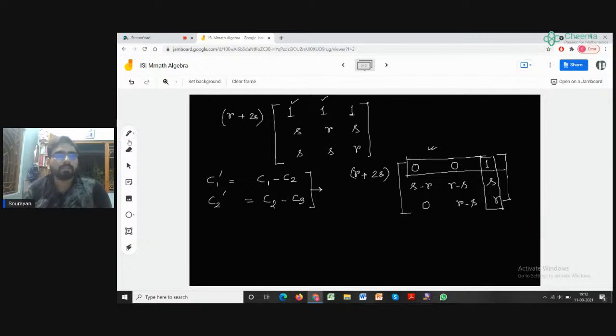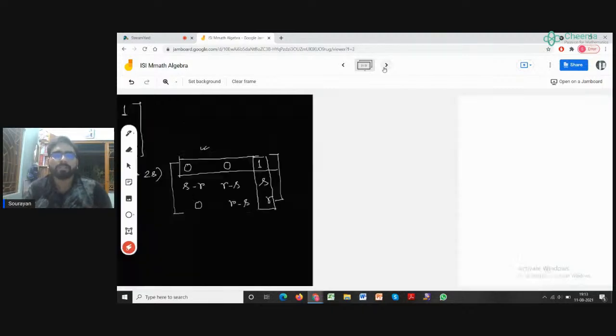So the minor that we are focusing on is this one, and it is a very interesting minor, because this is an upper triangular matrix. What happens if you do the same operation for 4 cross 4? Let us see, at least for our curiosity's sake.